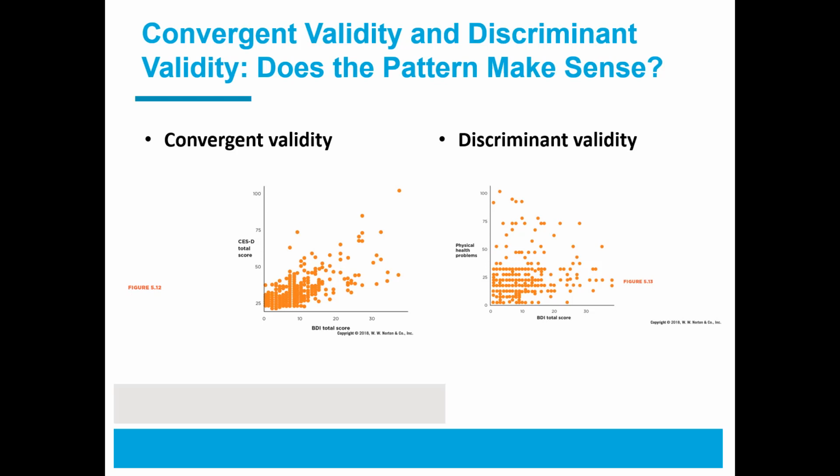The 2 measures had a correlation coefficient of r = 0.68, showing that they both correlate strongly and positively with one another. Discriminant validity, also known as divergent validity, states that a measure should correlate less strongly with measures of different constructs. In other words, there must be differences. The figure on the right supports the discriminant validity of the BDI with a score on a physical health measure. The BDI is weakly correlated with physical health and had an r of 0.16.